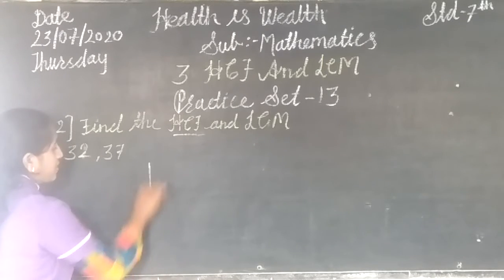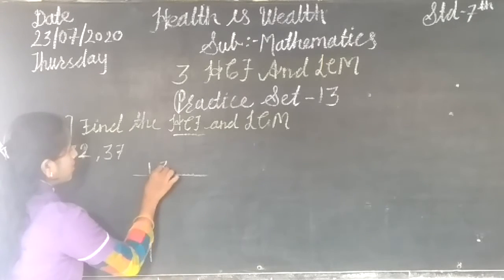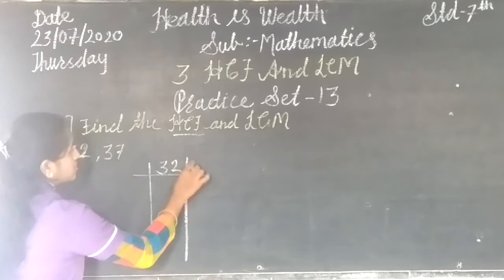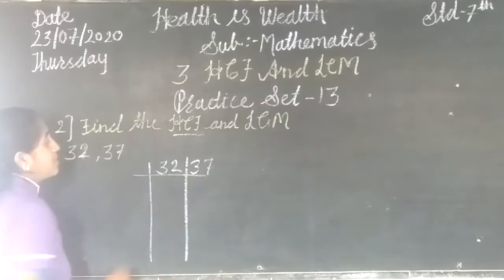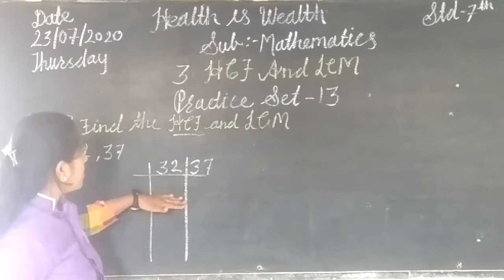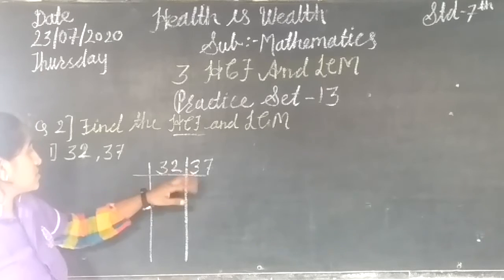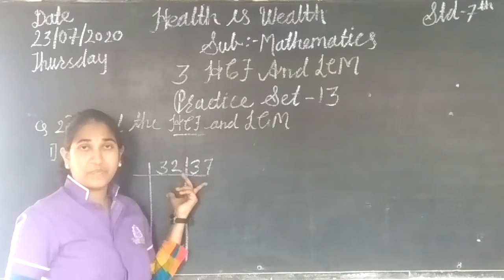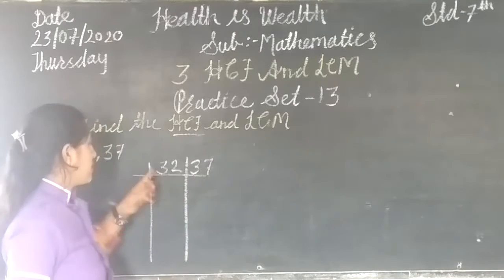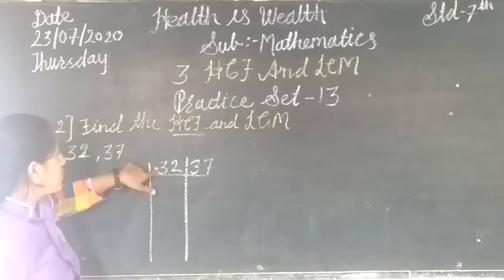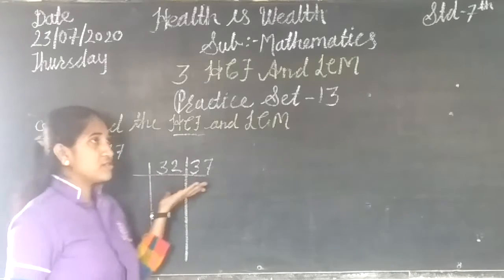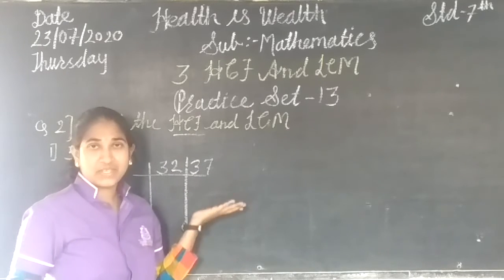As we learned in the last class, can you tell me which is the common factor between these two numbers? There is no common factor. In 32 and 37, there is no number common except 1.